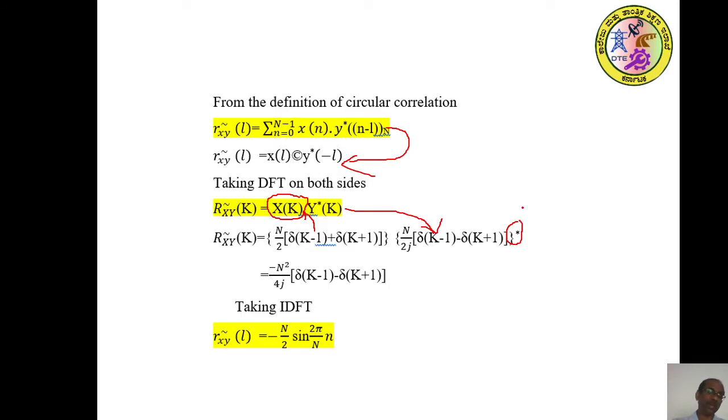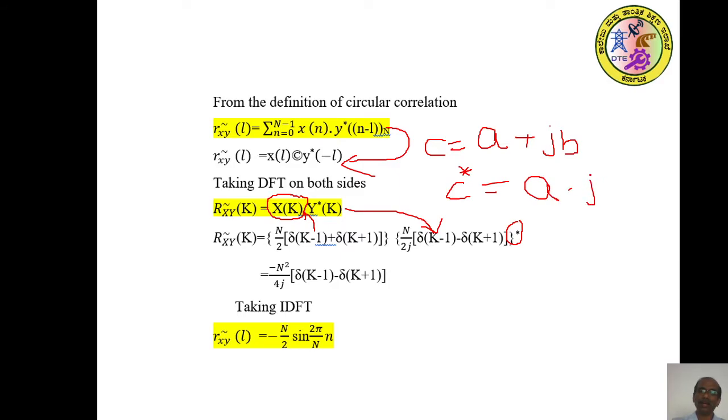Be careful. If a complex number c is equal to a plus jb, and they ask you to calculate the complex conjugate of c, that is c star, its answer is a minus jb.